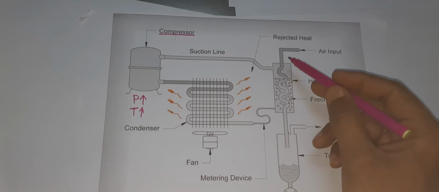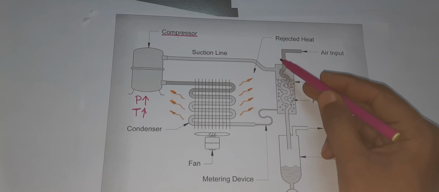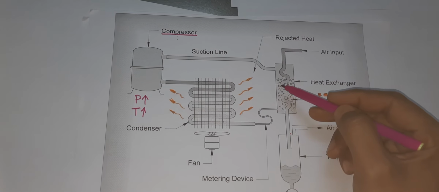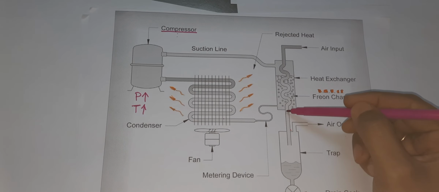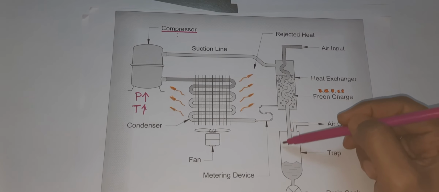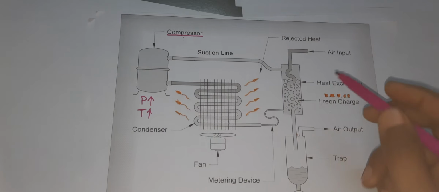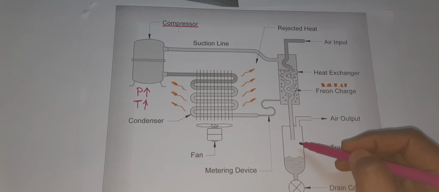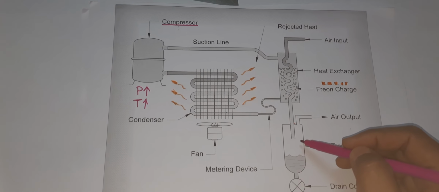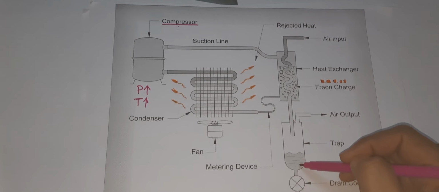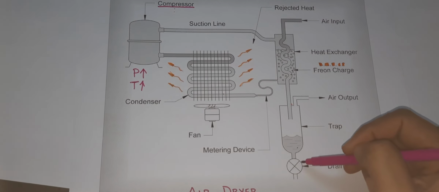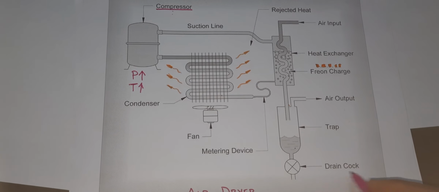By this, whatever air is passing through the tube gets gradually cooled, and this cool air passes through the trap zone. The condensed moisture will collect at the bottom of the trap and can be drained with the help of the drain cock.